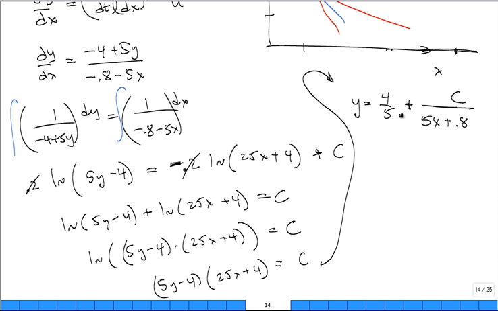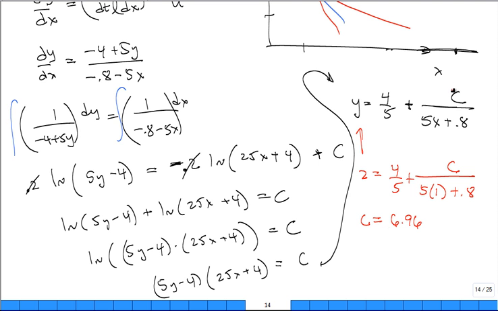Where do I find that constant? I want that curve to go through the point (1, 2). So if it goes through the point (1, 2), then that constant has to be solved, and you find the constant is 6.96. Now I know it. I don't even have a constant. It's one curve through there.